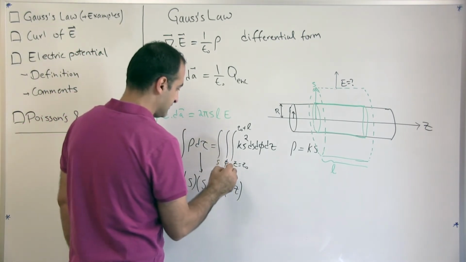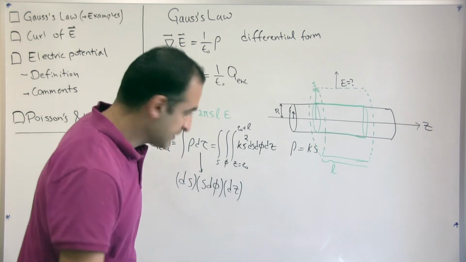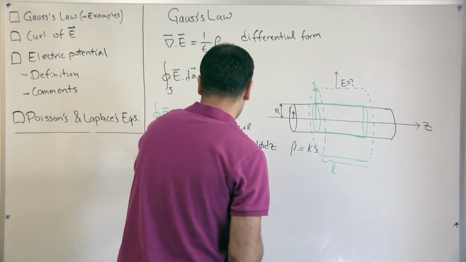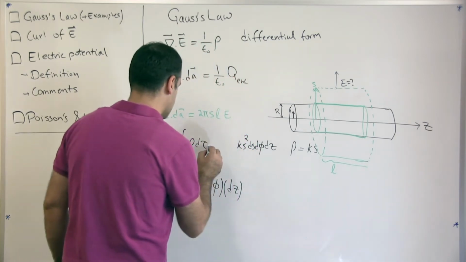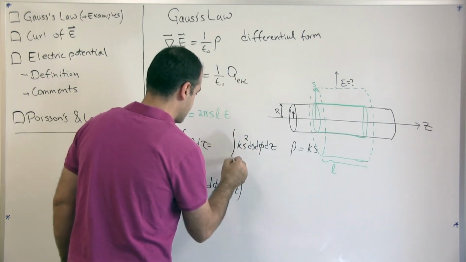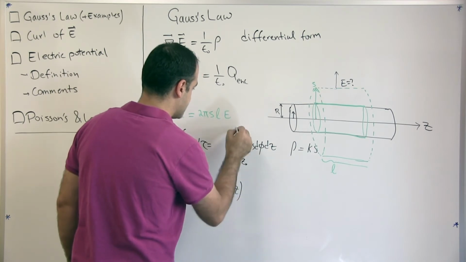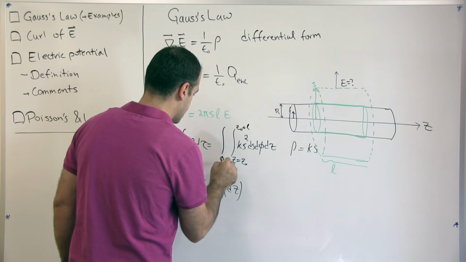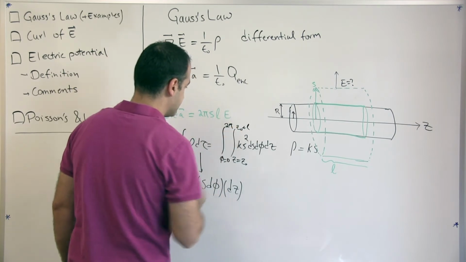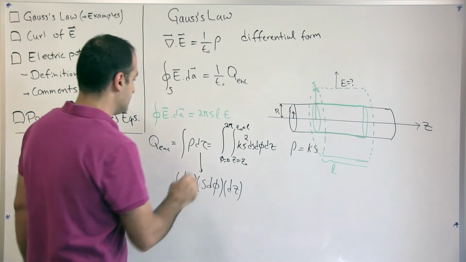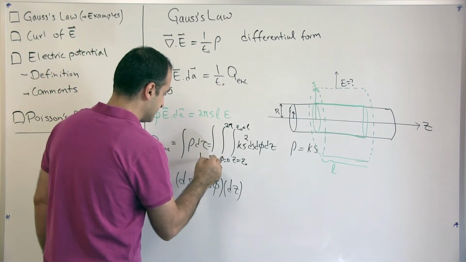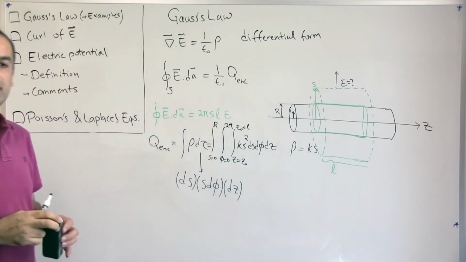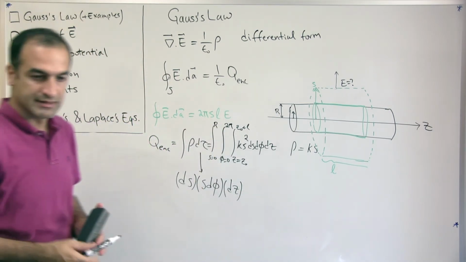It's getting a little messy here, so let me rewrite this integral. It's one integral over z from z naught to z naught plus L, an integral over phi from 0 to 2 pi, and the integral over S goes from 0 to R, which is the radius of the cylinder. Sounds good?